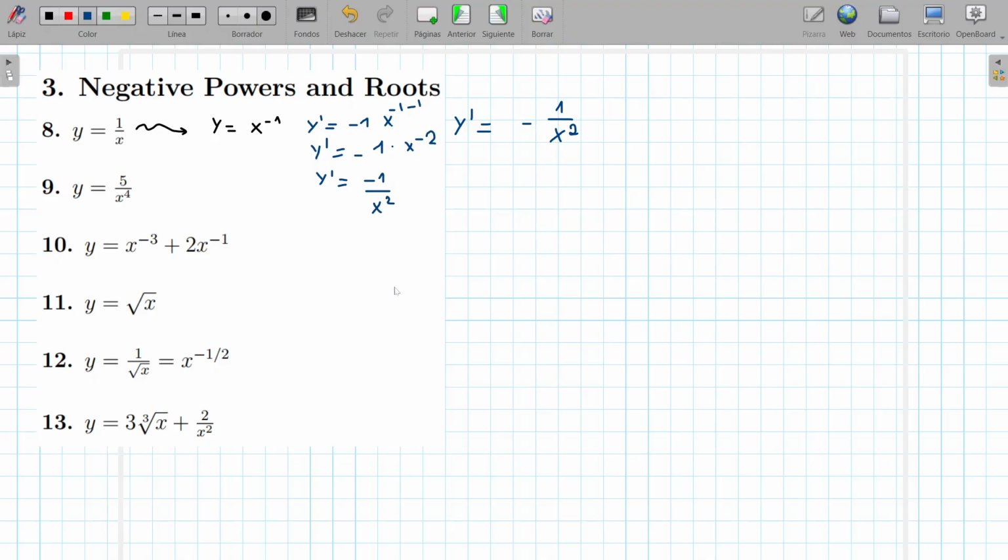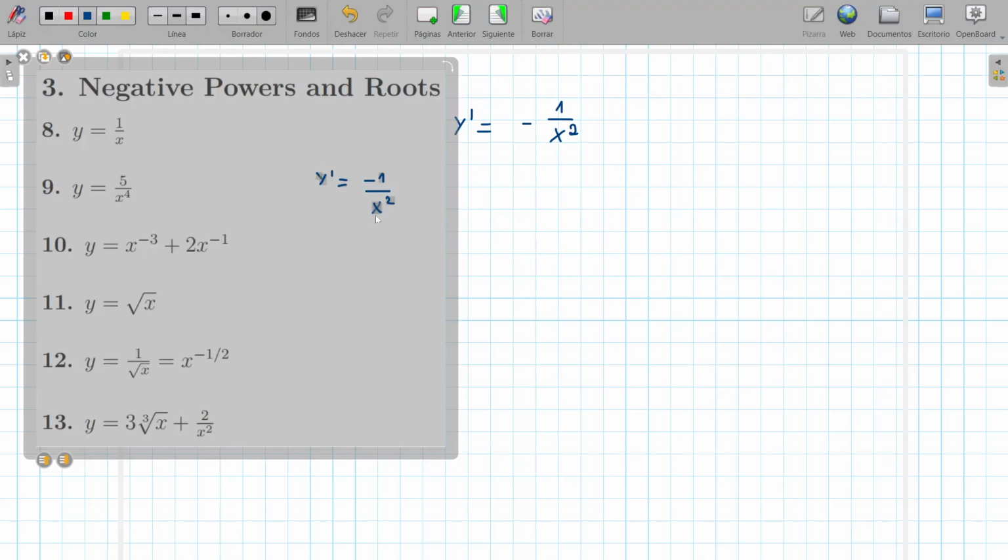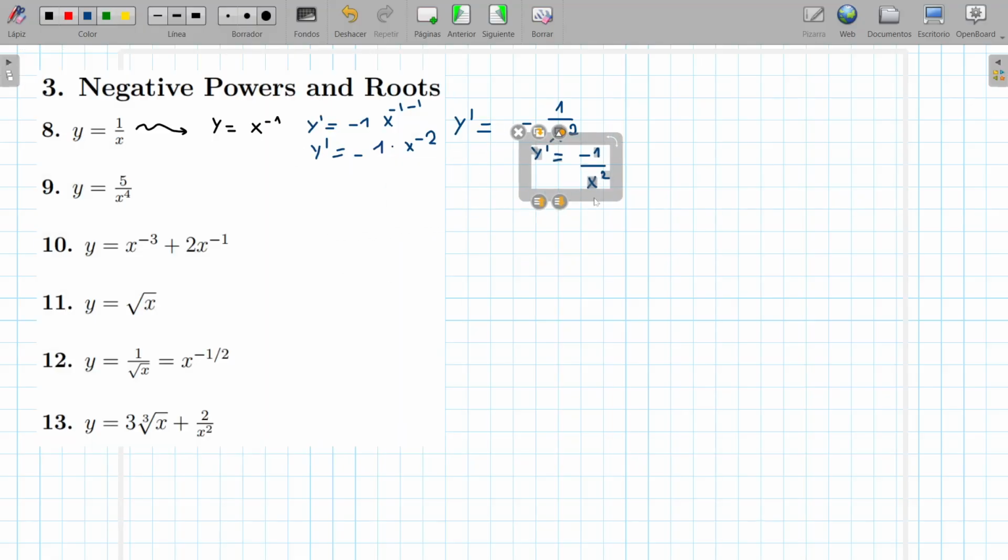Now, if we compare the answers, we have the same thing. The result up here is the same as the result with the other formula. There is more than one way to do it. But to be honest, I prefer to stick with the formula. If you want to do it this way, it's also correct.